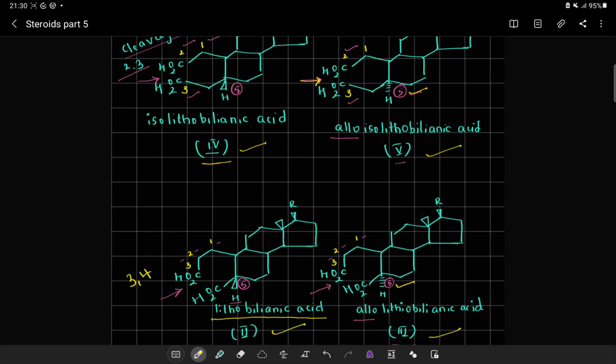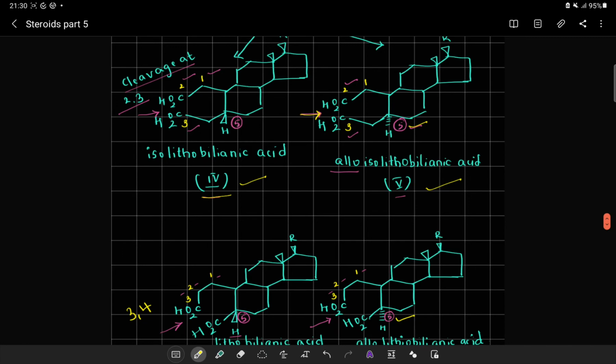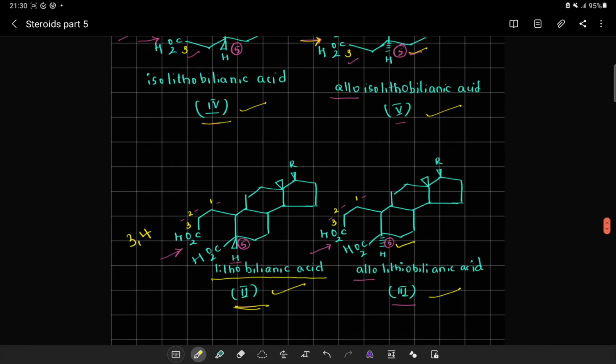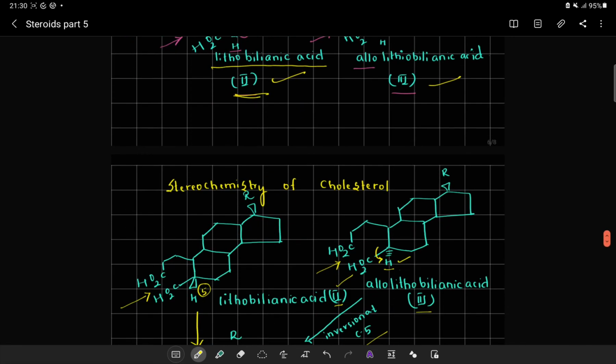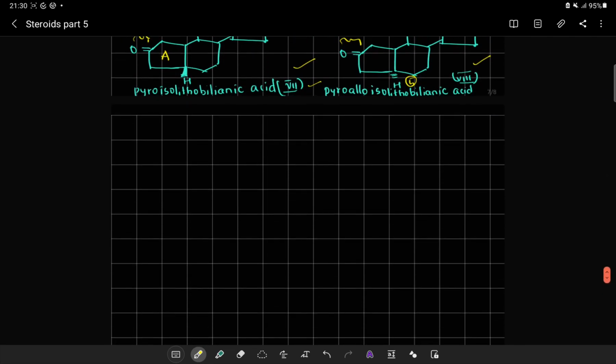The lithocholic acid has got cis-AB fusion, that means ring A and B in the cholesterol system, and lithocholic acid can be given as a cis fusion. These two acids, isolithobilyanic acid and lithobilyanic acid, are also prepared from the 5-beta cholestane system, that is the coprostane system.